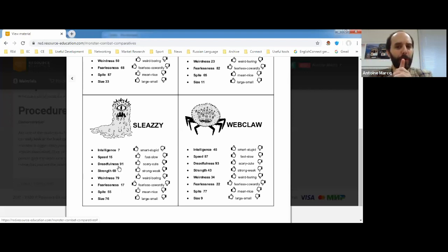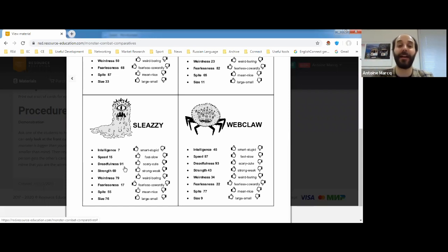If we played with simple comparatives without weighing them, if you just said my monster is scarier than yours, you win, you get my card. But if we were playing with grading comparatives and you said, I think my monster is way scarier than yours, actually, you know what? 91, 93, that's not true. That's not true. I win, I get your card.